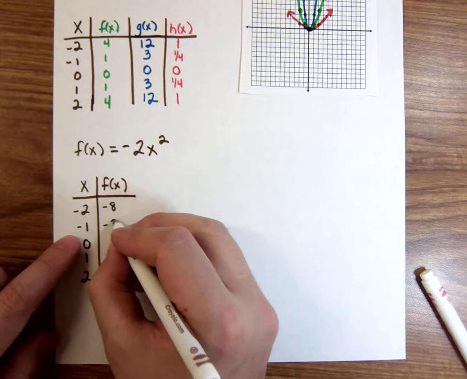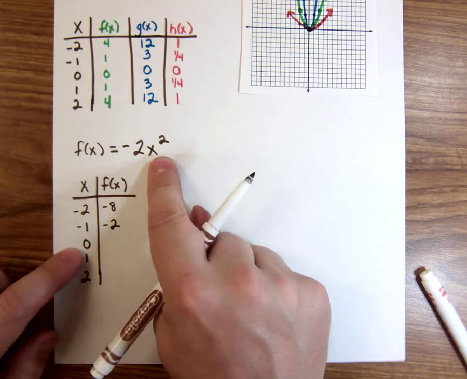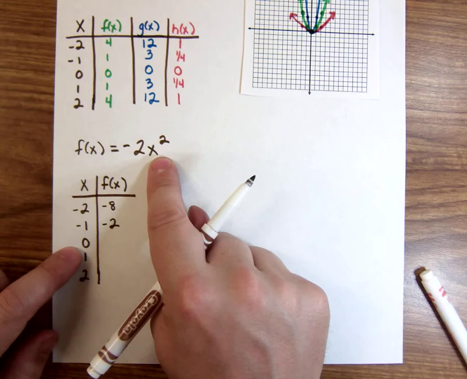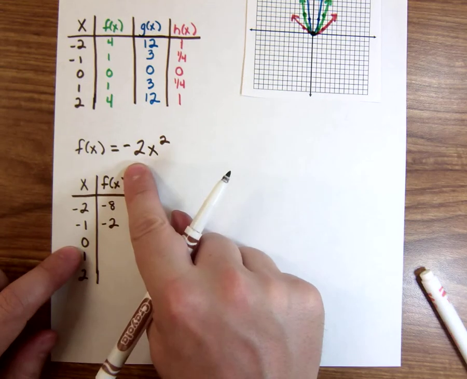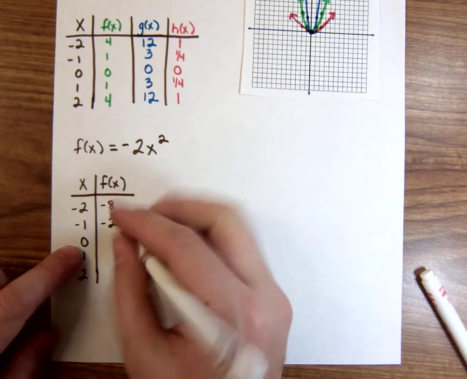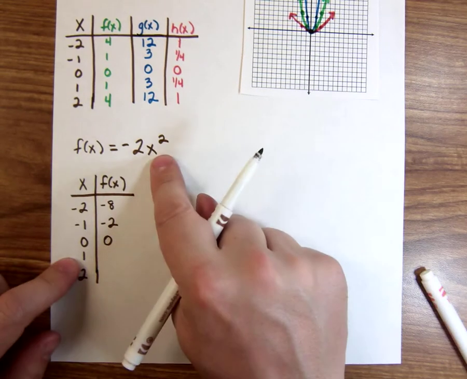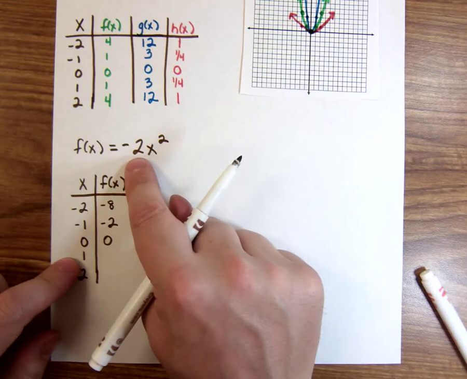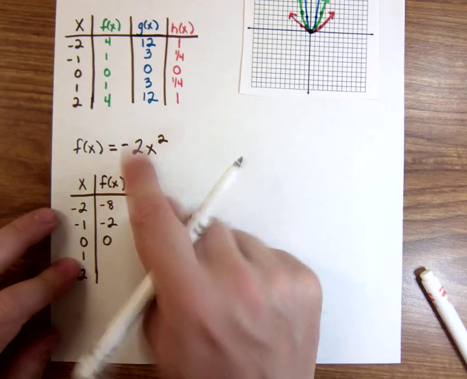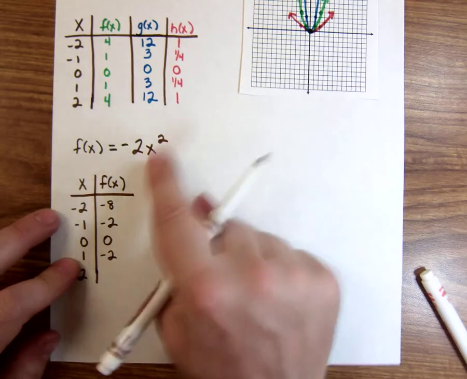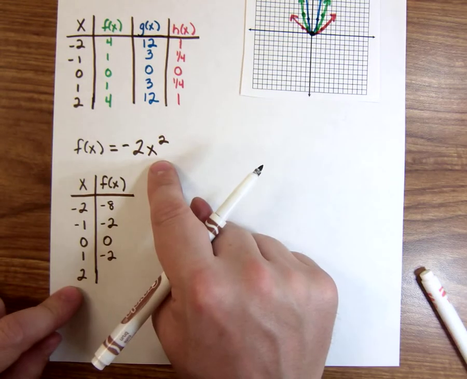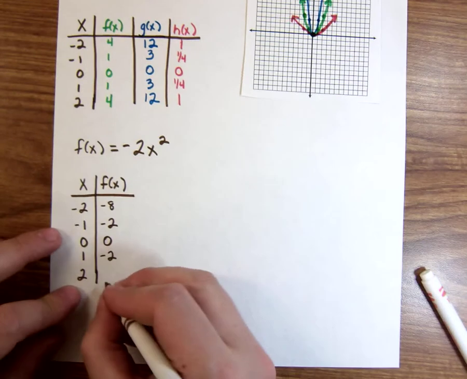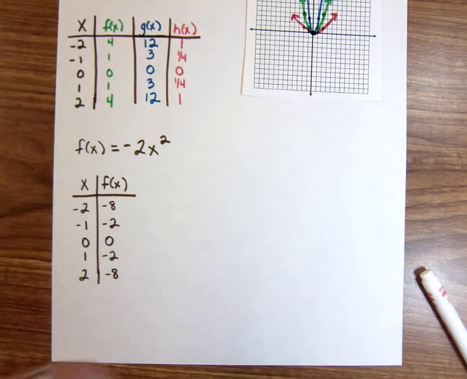Good. 0 squared is 0, times negative 2, negative 0. 1 squared times negative 2. And 2 squared times negative 2. All right.